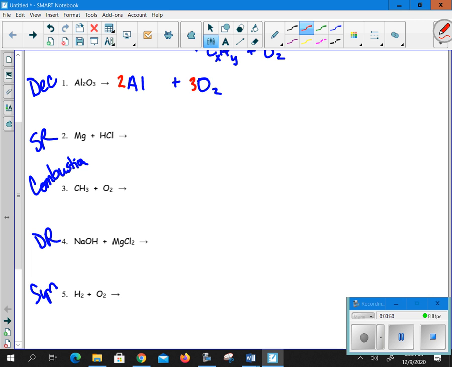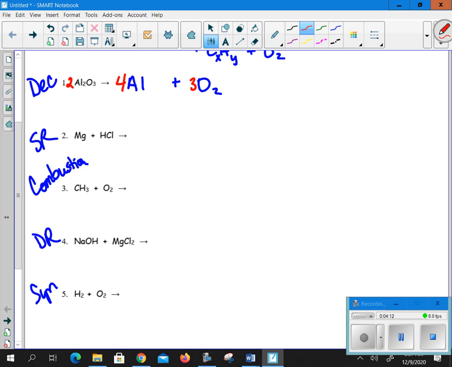To make 6 of those, I'll have to put a 3 there, and I'll have to put a 2 there. But in the process, that messes up my aluminums, so I'll have to erase that 2. Now I have 2 times 2, which is 4 aluminums, so I'll need to put a 4 there. All right. So decomposition, you're just breaking it into its parts.